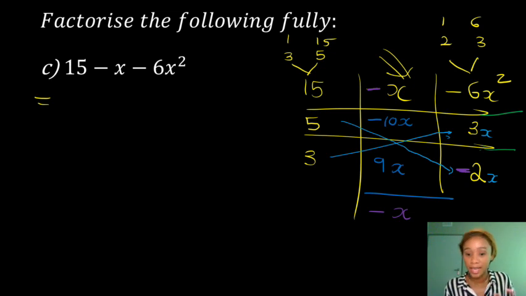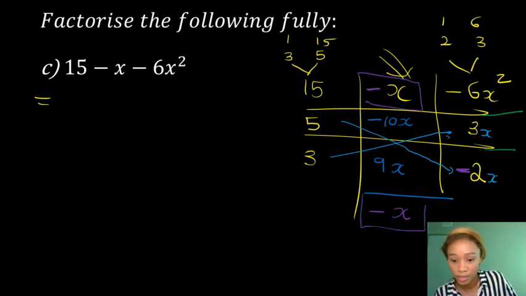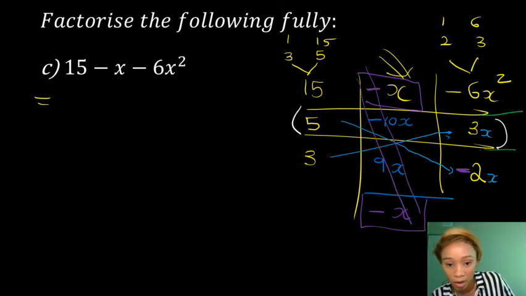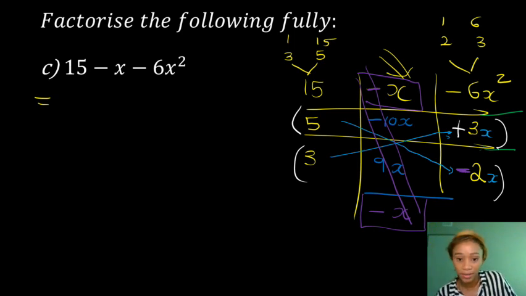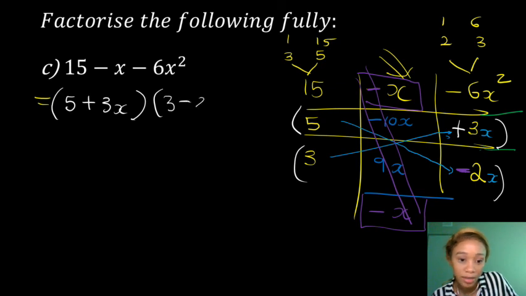Now, look at that. What I have at the top, I have at the bottom. So that means I can scratch this out, and then I'm going to take the brackets as they are. Remember, this is positive. I just did not write the sign. So you'll have 5 plus 3x, and then you have 3 minus 2x.